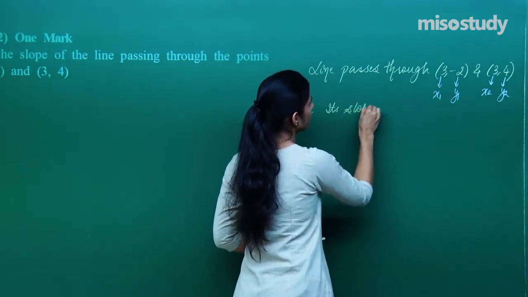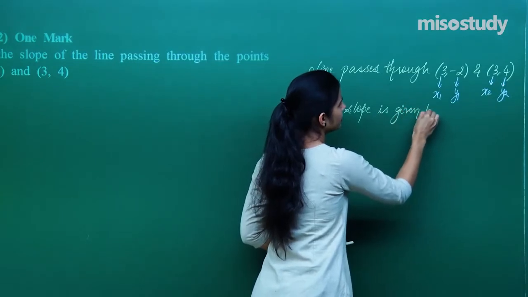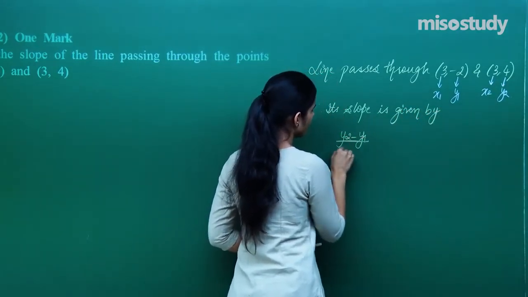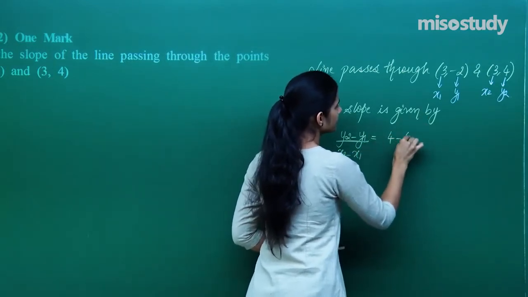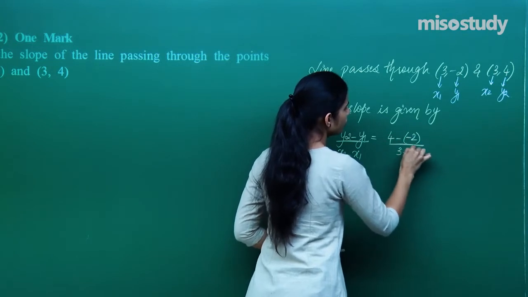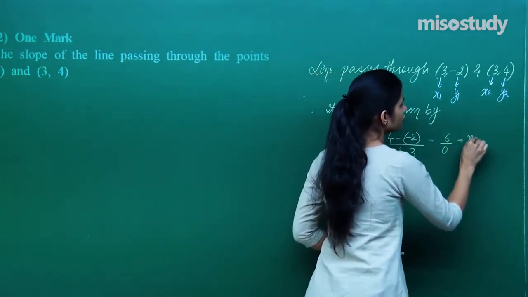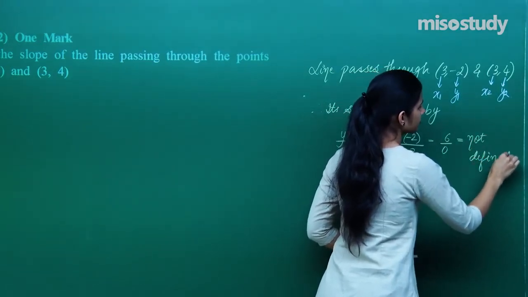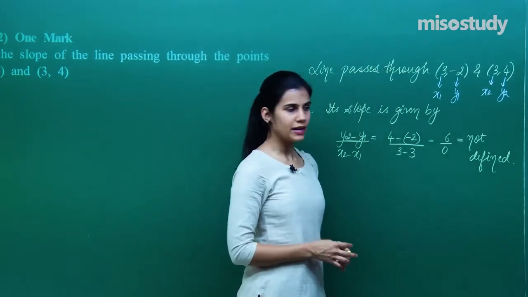Therefore, its slope is given by (y2 minus y1) upon (x2 minus x1). That is (4 minus -2) upon (3 minus 3), that is 6 upon 0, which is not defined. Therefore, slope of this line is actually not defined.